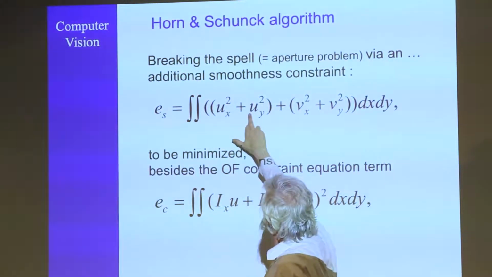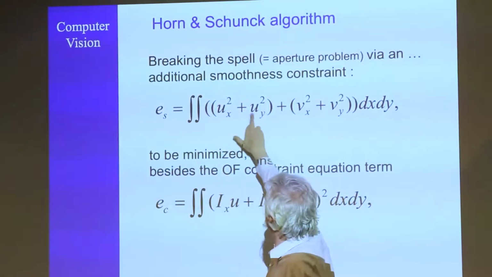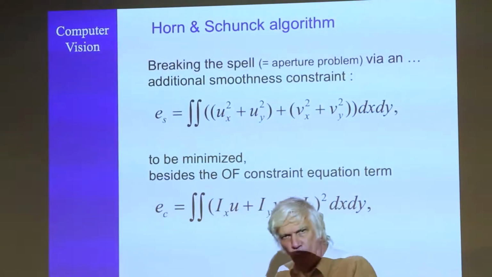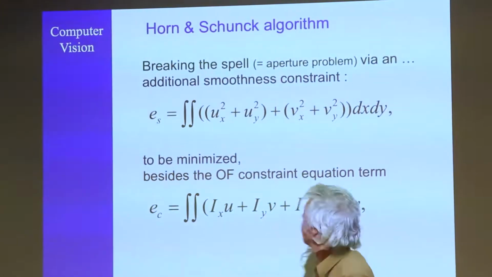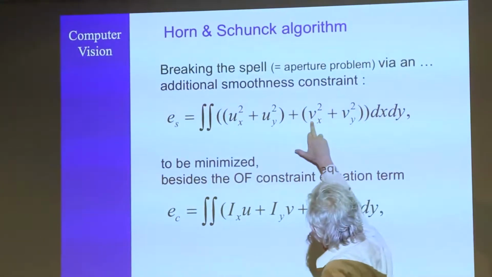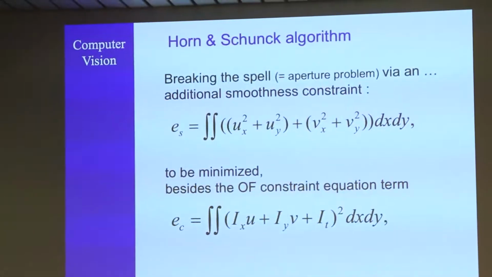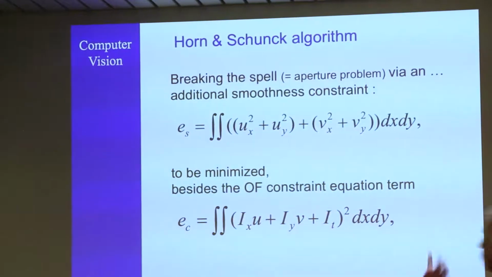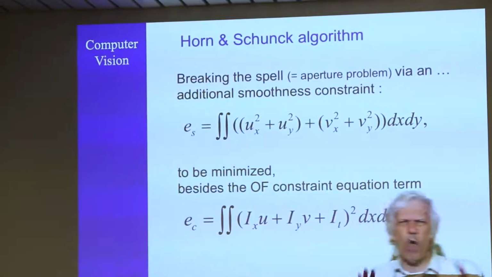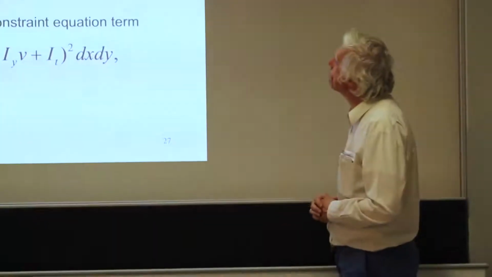The same for the horizontal motion between 2 vertical neighbors: this is the derivative of U with respect to Y. So we are comparing the horizontal motion of a pixel and its vertical neighbor, and we say again, these should be similar. And the same for the vertical components. If you compare horizontal neighbors or vertical neighbors, they should be similar motions. And we have squares all over the place here, for the same reason as before. We don't want negative and positive values to cancel out.